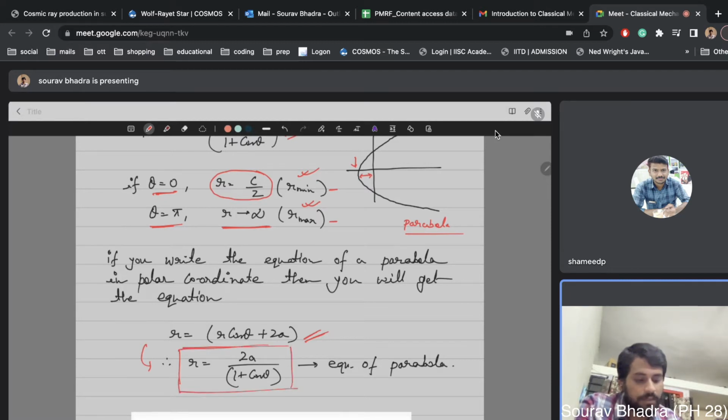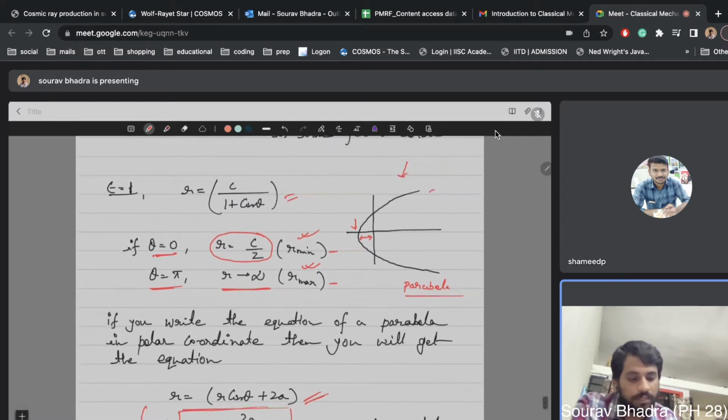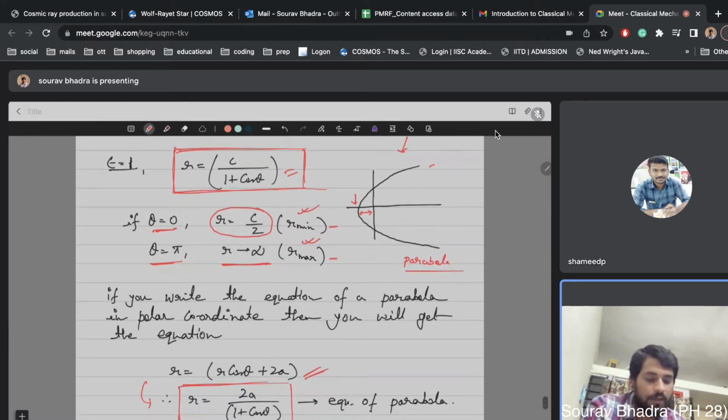So this equation is exactly similar to the equation we have taken in the past. C and 2a both are constants, but the form is R equals to a constant divided by 1 plus cos theta. If this is the form in polar coordinates, it shows a trajectory which is actually a parabola.